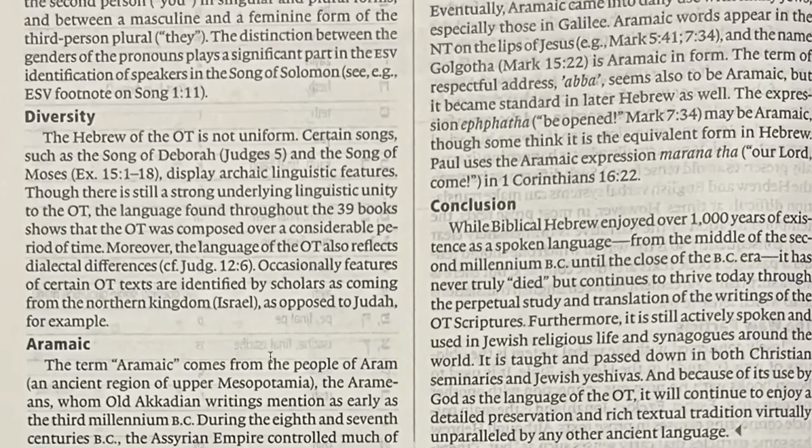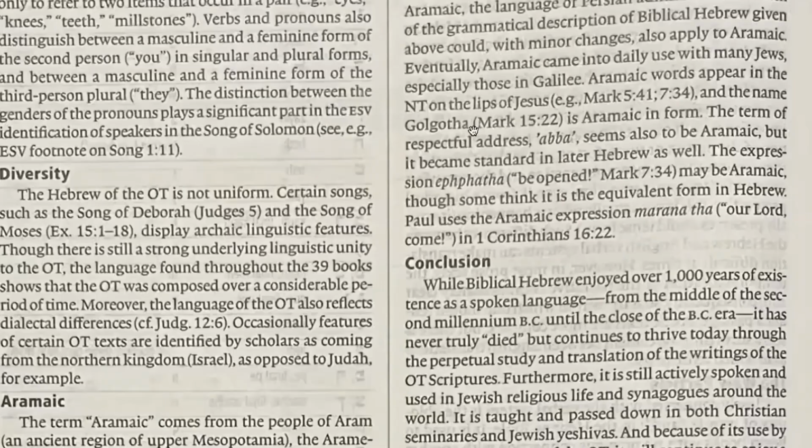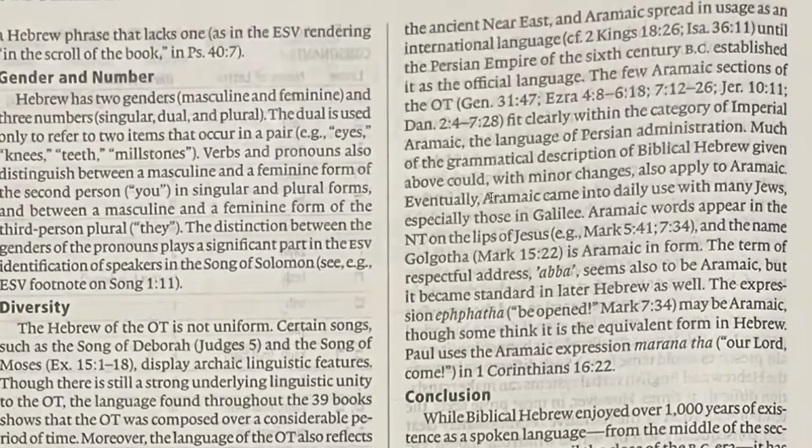Aramaic. The term Aramaic comes from the people of Aram, an ancient region of Upper Mesopotamia. The Arameans, whom old Akkadian writings mention as early as the 3rd millennium BC. During the 8th and 7th centuries BC, the Assyrian Empire controlled much of the ancient Near East, and Aramaic spread in usage as an international language. Cross-reference 2 Kings chapter 18:26 and Isaiah chapter 36:11.